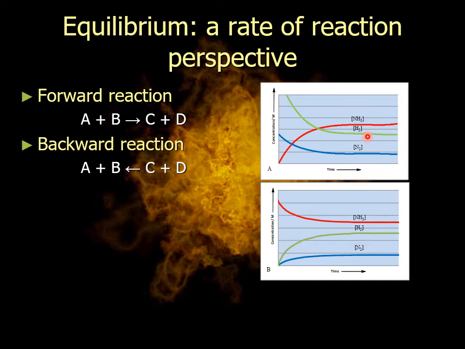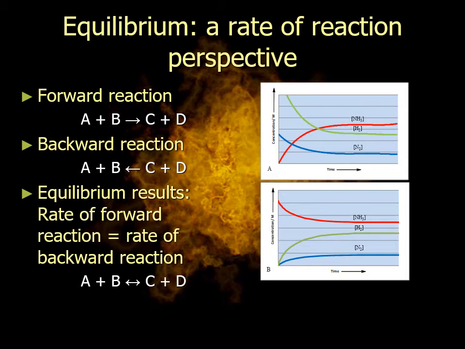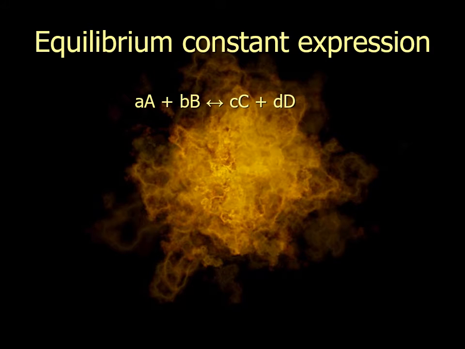So the relative concentrations are the same in both graphs. So what we can summarize is that equilibrium results when the rate of the forward reaction equals the rate of the backward reaction and the concentrations of all the components remain static. So that's the concept briefly.